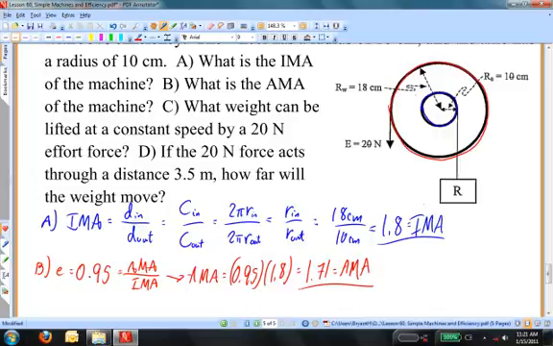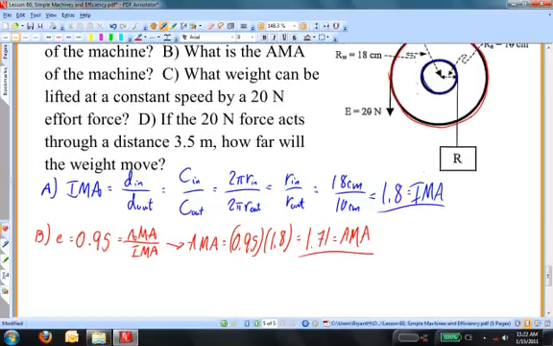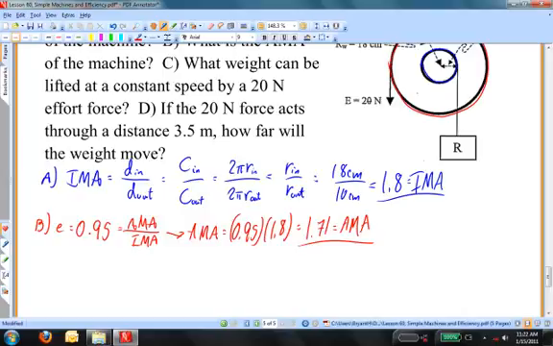Part C. What weight can be lifted at a constant speed by a 20 Newton effort force? Well, the forces are going to be related through the actual mechanical advantage. So I'm going to solve that actual mechanical advantage for the output force.